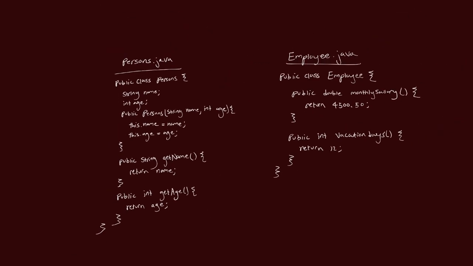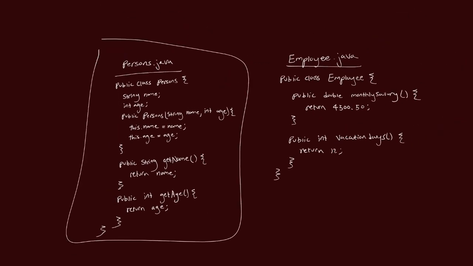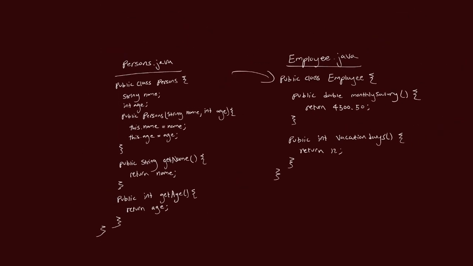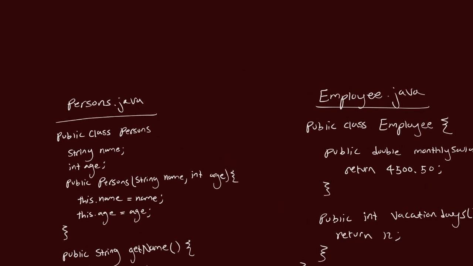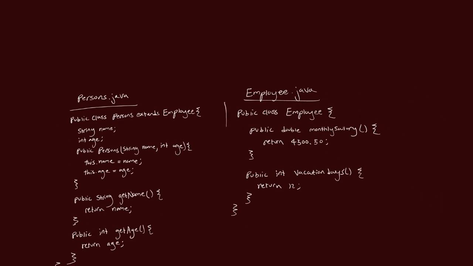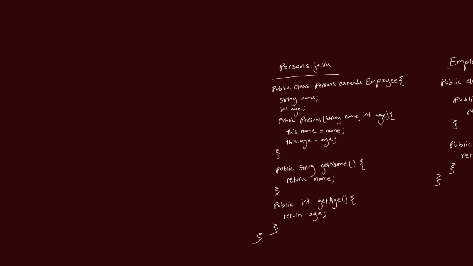Okay, so right now this class cannot access the contents in our employee class. So what we can do is, instead of writing public class persons, we do public class persons extends employees. So now this has access to these contents. So it has access to the monthly salary and vacation days.